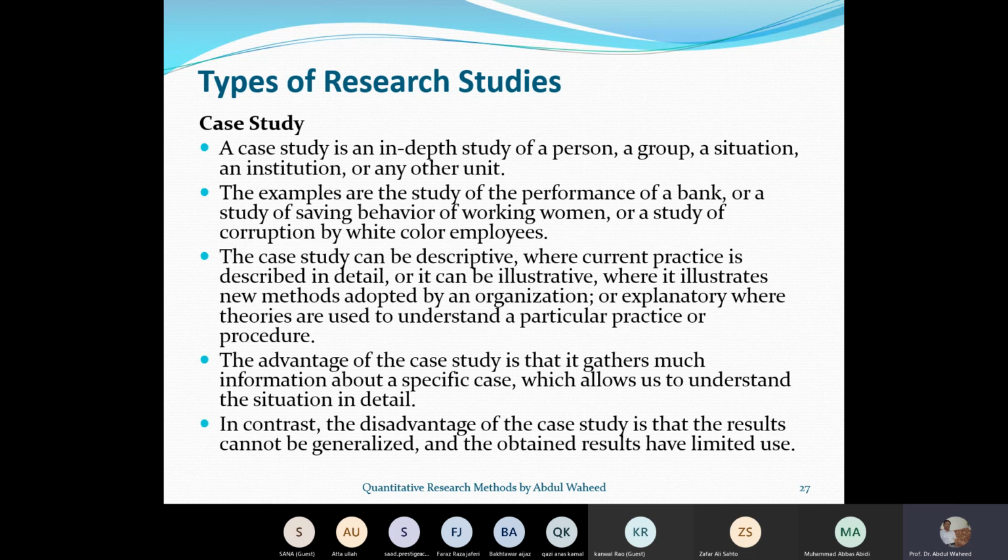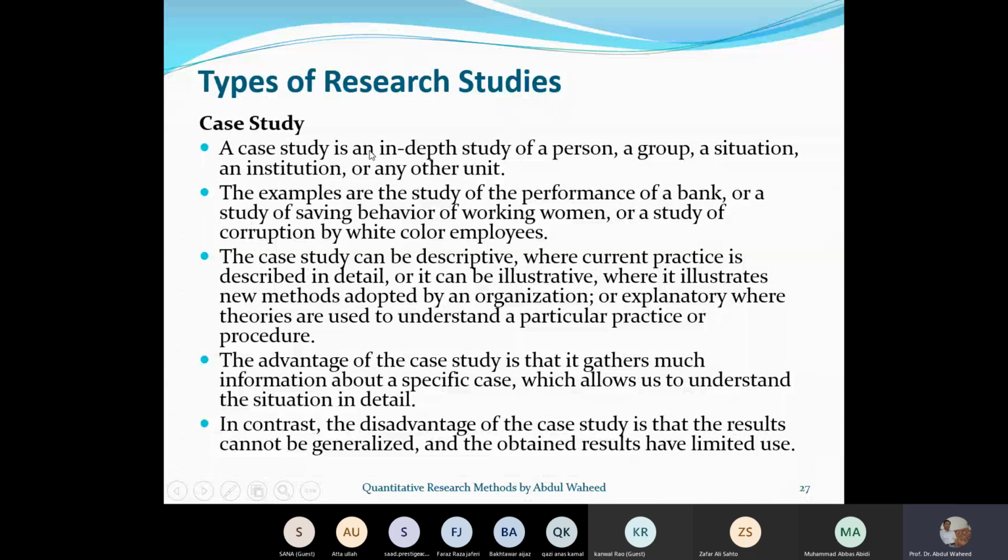So case study can be descriptive, where current practices is described in detail. It can be illustrative, where it illustrates new method adopted by an organization. Explanatory भी हो सकती है ये, where theories are used to understand a particular practice or procedure.